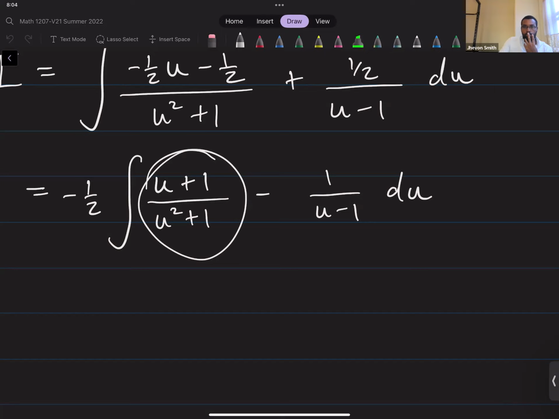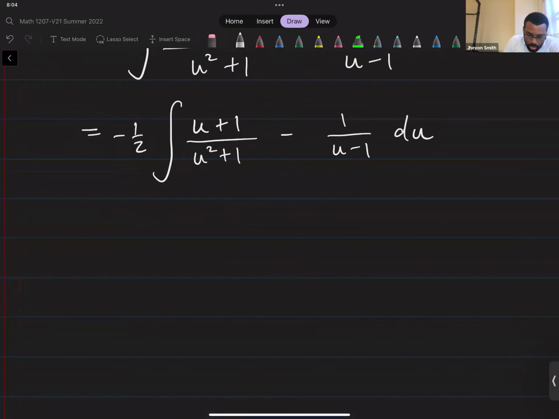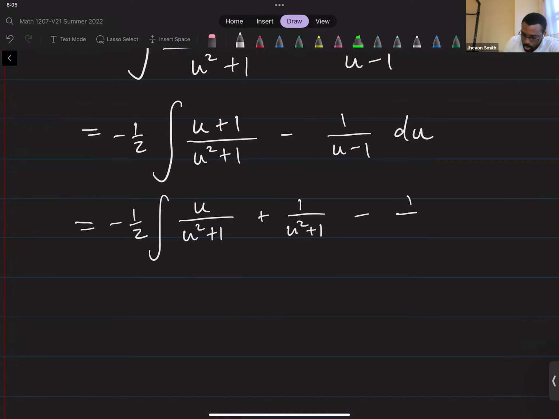You can split it up into two integrals. The second will just be a natural log. And the first, the substitution will cancel out the u's. Right, so here, you can split this up. This is u over u squared plus 1, plus 1 over u squared plus 1, minus 1 over u minus 1.